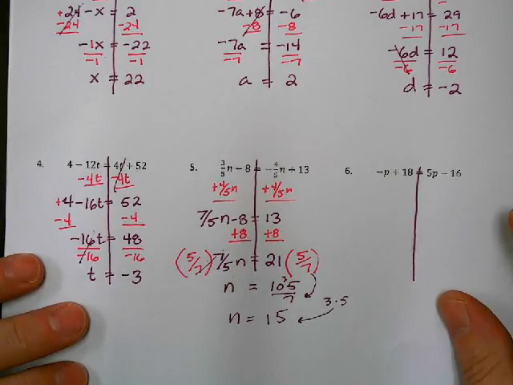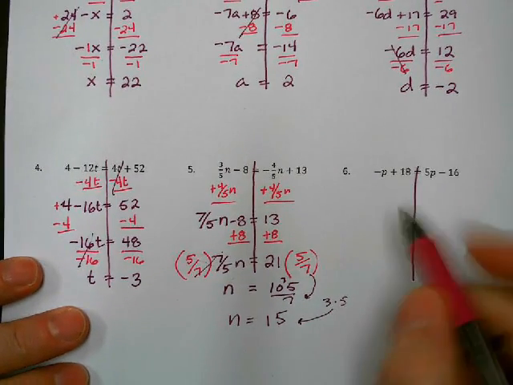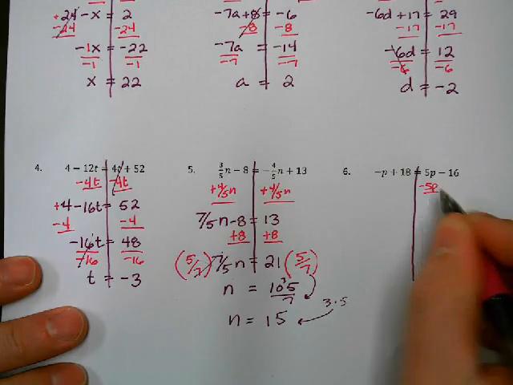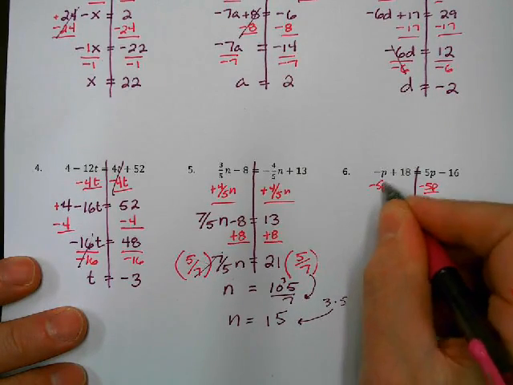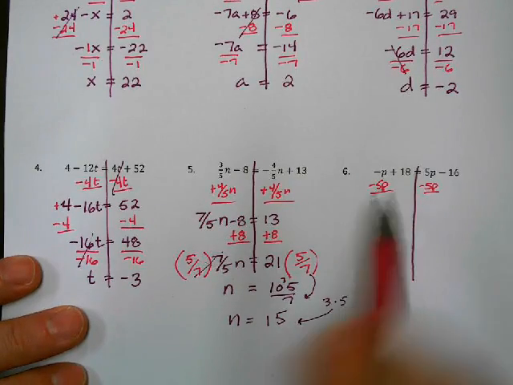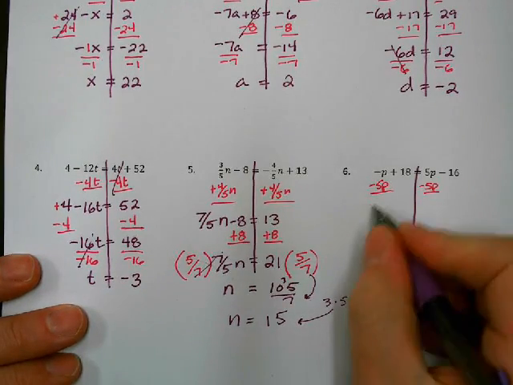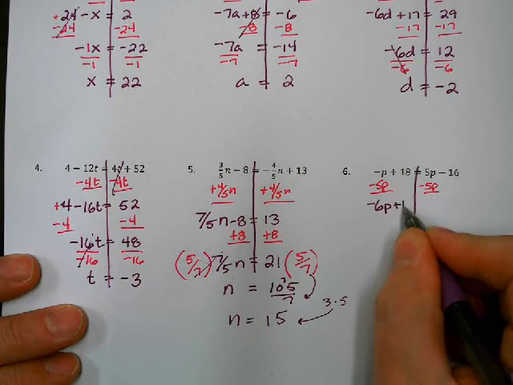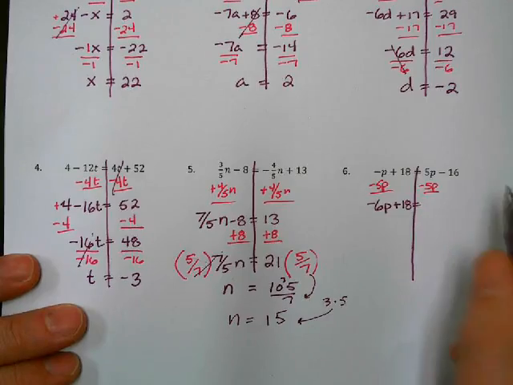All right, so we're going to subtract 5p from both sides. Negative 1p, negative 5p, that gives us negative 6p's. We get negative 16 right here.